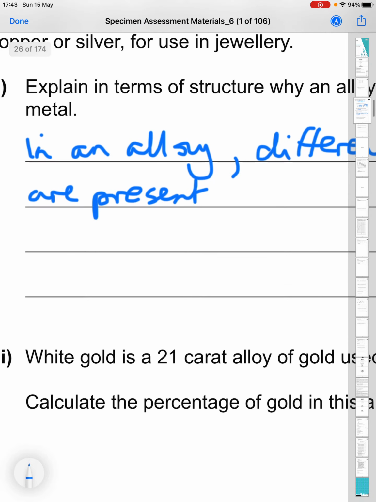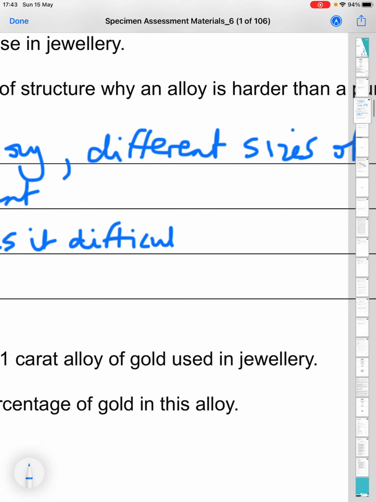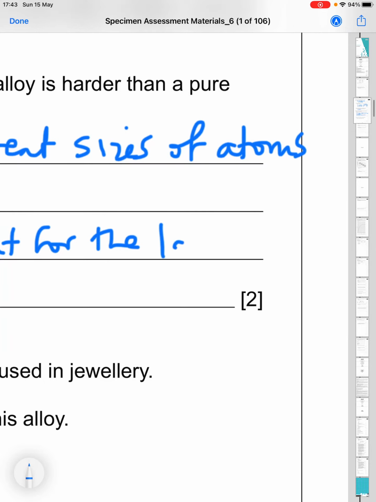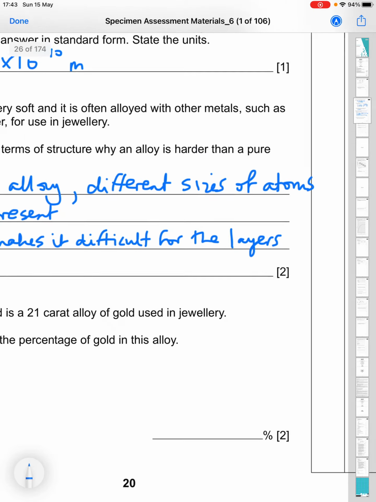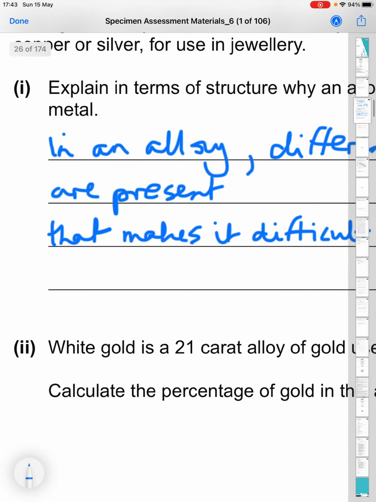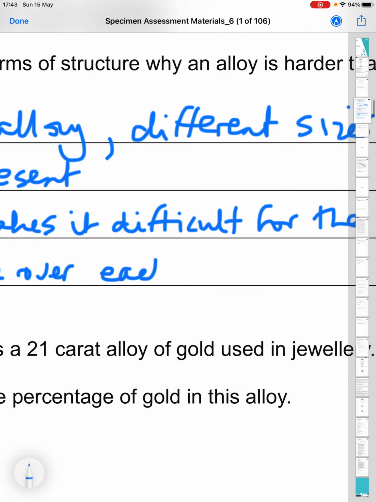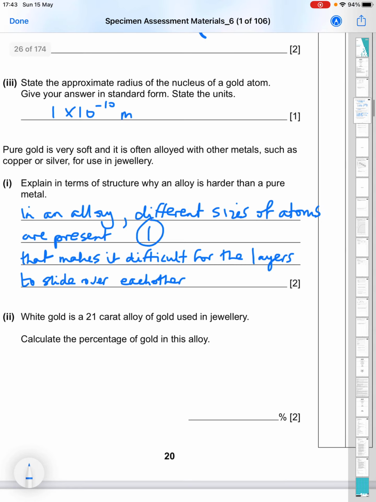And then that makes it difficult for the layers to slide over each other. So 1 mark for stating each of those parts of the answer.